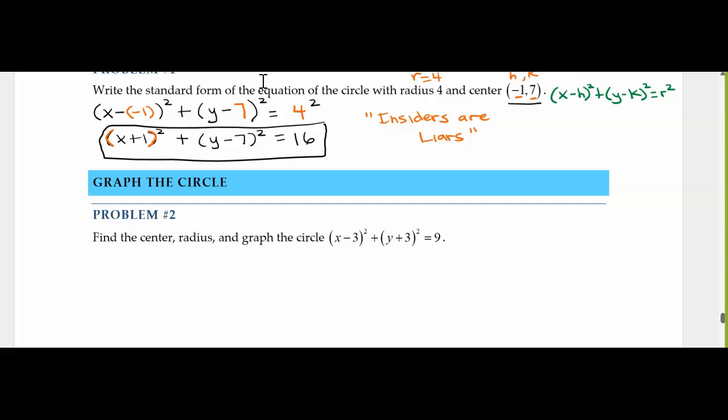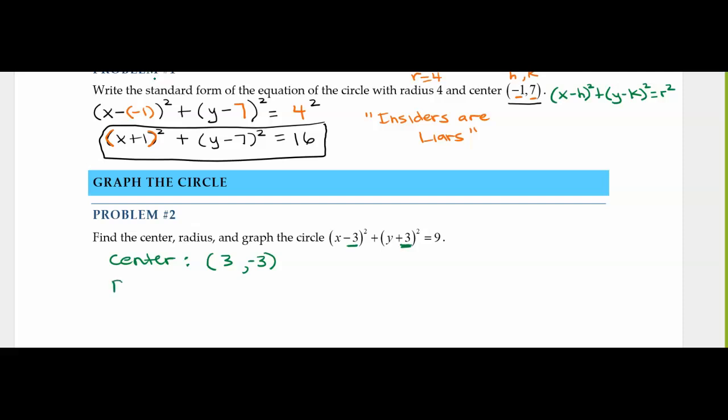Now this one we're going the other direction. It's giving us the equation, and now we're pulling out the information that we need. In this one, I want to find my center. I'm looking for my h and my k. Remember, insiders are liars, so I'm going to have +3, comma, and then this one's telling me -3.